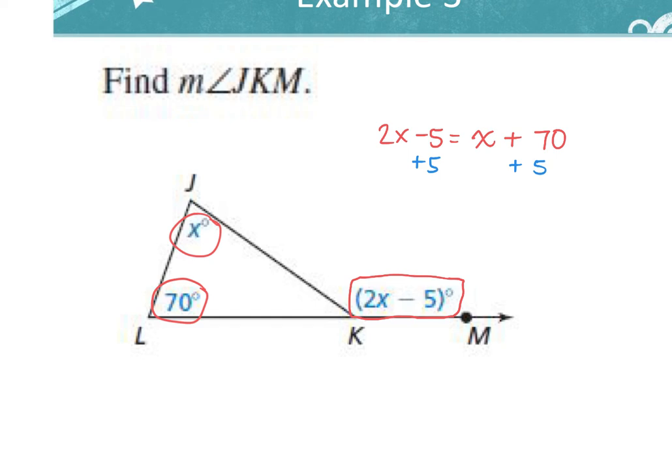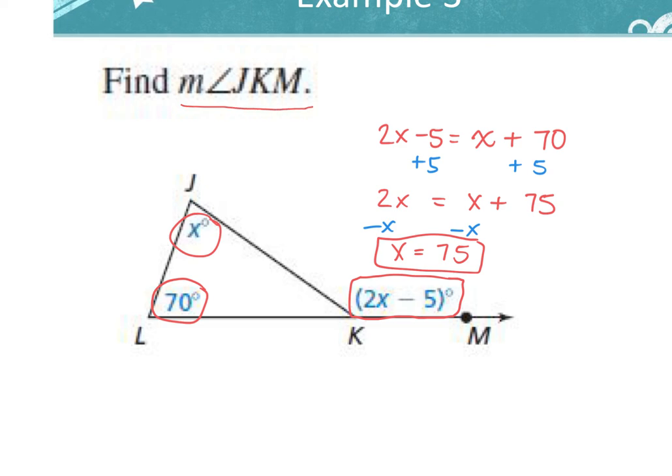Once I add 5 to both sides, I'm going to get 2x equals x plus 75. Then I'm going to subtract x from both sides, and I'm going to get that x equals 75. Now, our question here was not asking for the value of x. It wants to know the measure of the angle JKM. Well, the measure of angle JKM, based on the diagram, is equal to 2x minus 5.